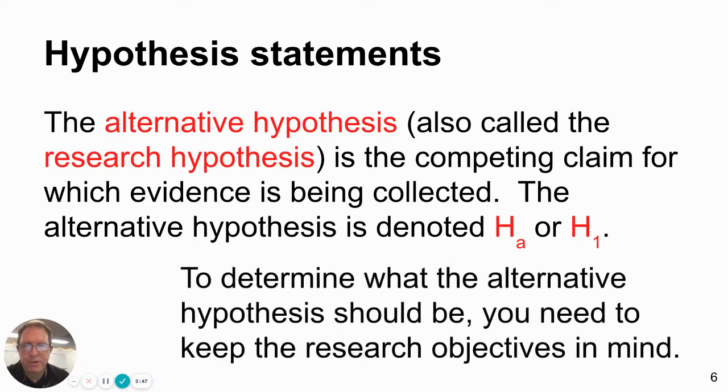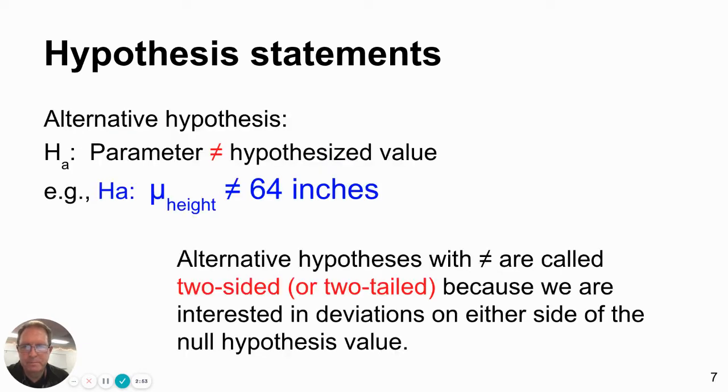To determine what the alternative hypothesis should be, you need to keep the research objectives in mind. And let's give an example. The alternative hypothesis here is that the parameter is not equal to the hypothesized value. And I give as this example, the mean height is not 64 inches.